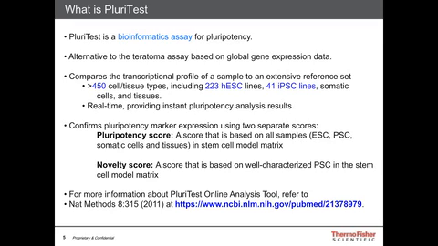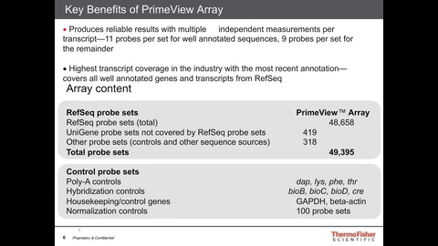Pluripotency confirmation utilizes two separate scores, pluripotency score and novelty score. A pluripotent cell is often characterized by a high pluripotency score and a low novelty score. One of the major benefits of this array is multiple independent measurements per transcript.